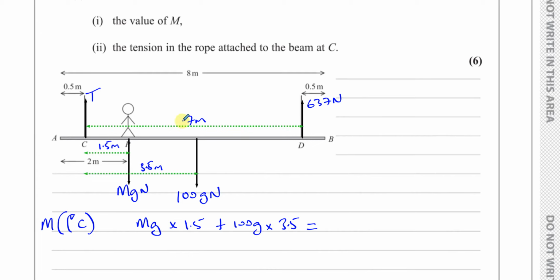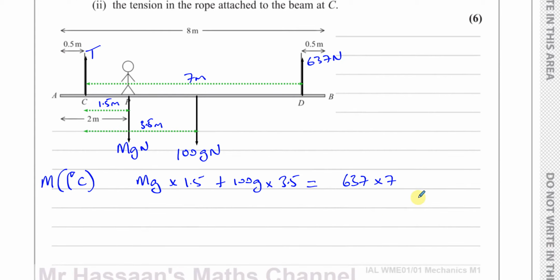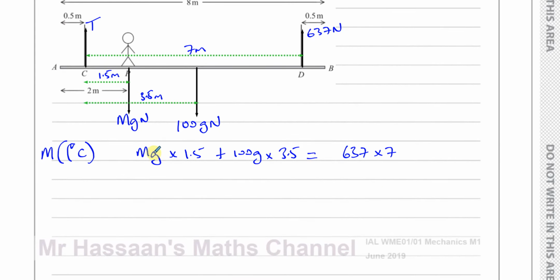That's going to be 637 times 7. So that will help us find what m is. This gives me 1.5 mg plus 350g equals 637 times 7.